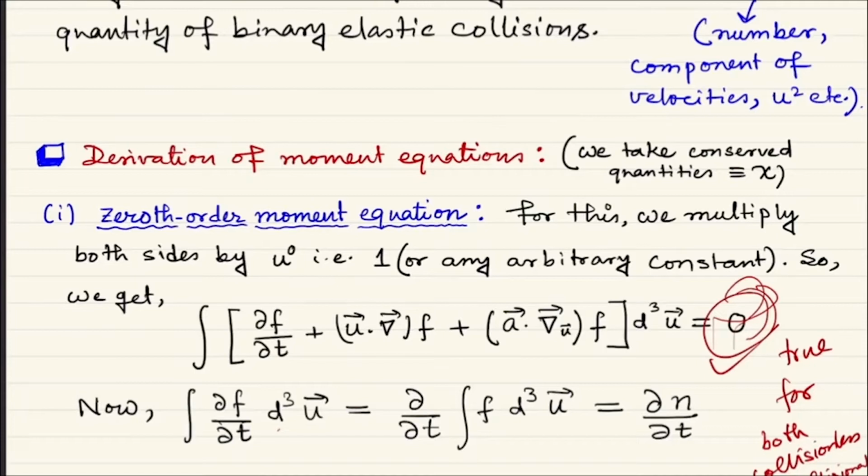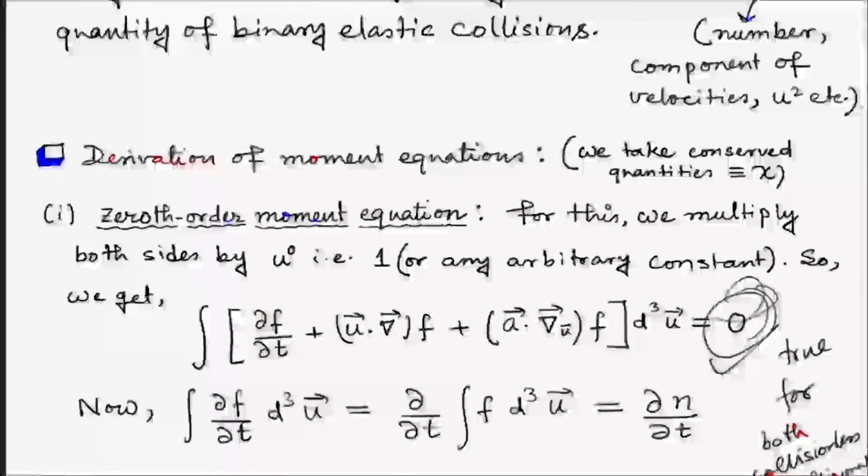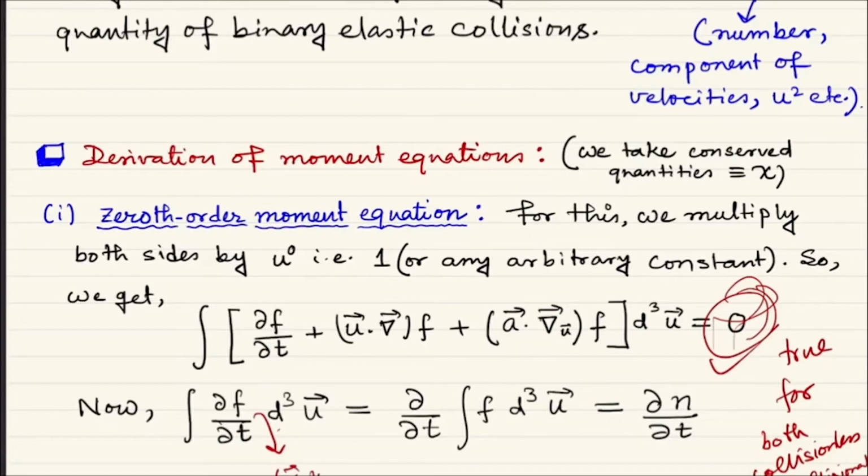And this integration is over U space, so del t and the integration are over two totally different variables. f is a function of r, u and t, and all of them are independent of each other.